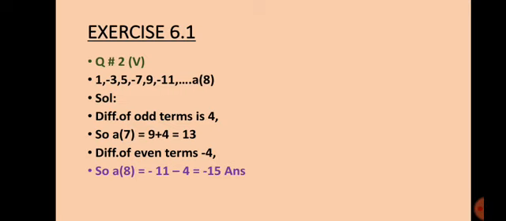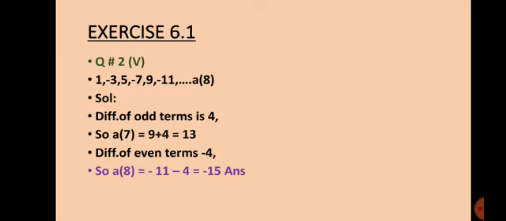Remember, students, to find the next term, if we have a previous term, we will just add the difference to it and we will get the next term. So the formula of finding the next term is a plus d, where a is the given term, and the next term will be a plus d. So a7 is equal to 9 plus 4 is equal to 13. So in this way we have calculated the seventh term, that is 13.